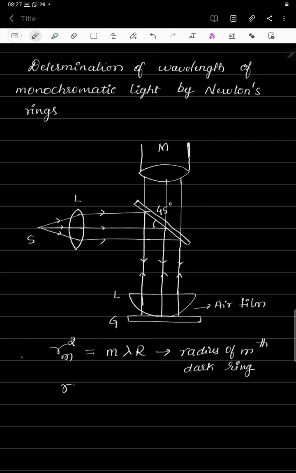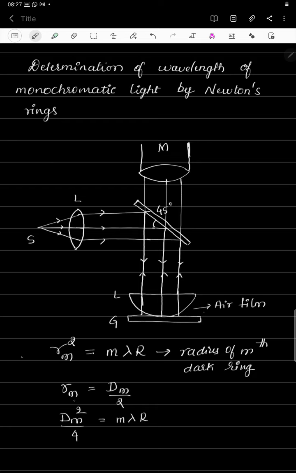Now we know there is a relation connecting radius and diameter: the radius of the mth dark ring is equal to the diameter of the mth dark ring divided by 2. If you square this equation, what you get is Dm square divided by 4 is equal to m into lambda into r.